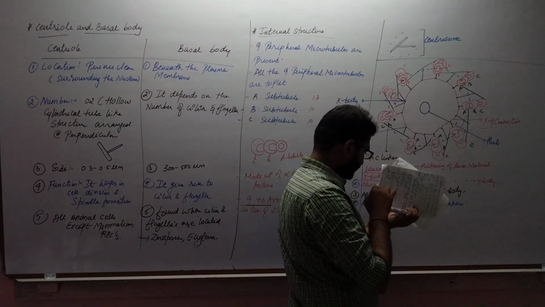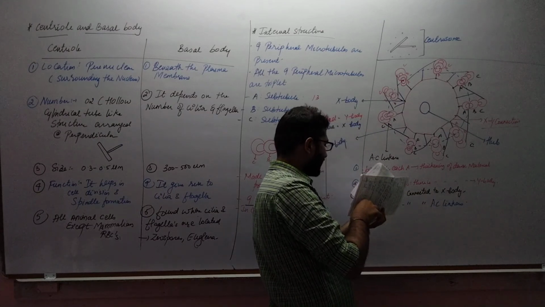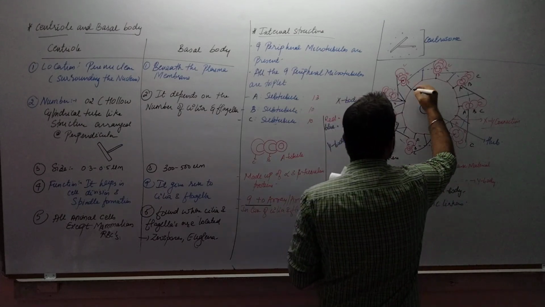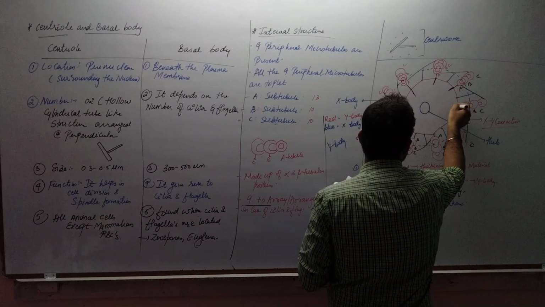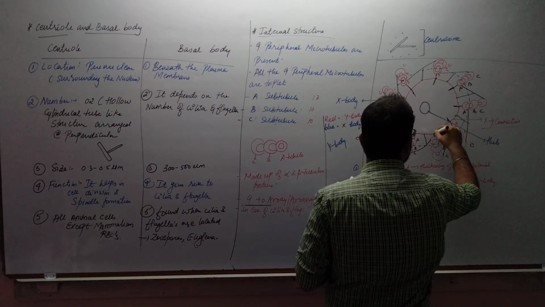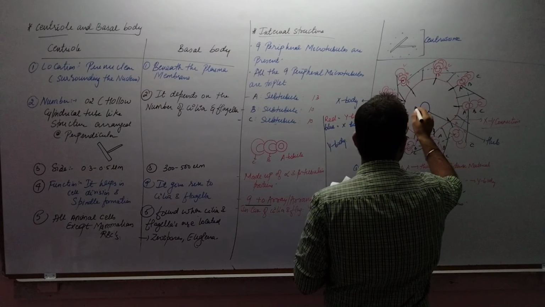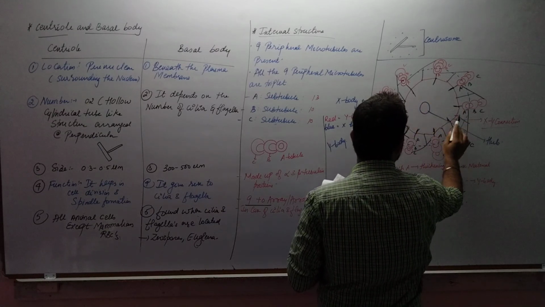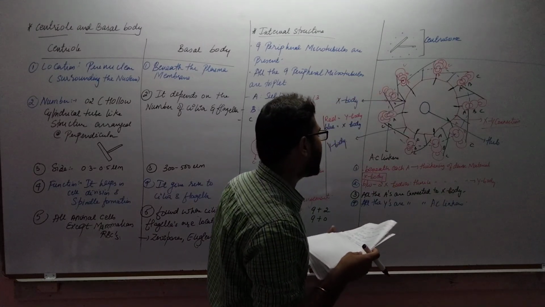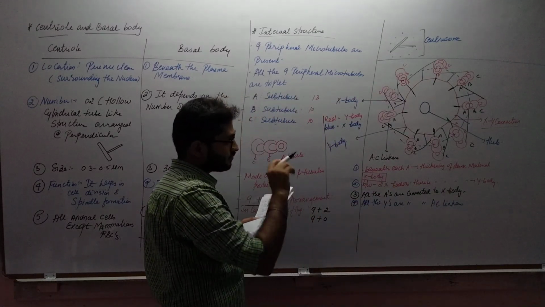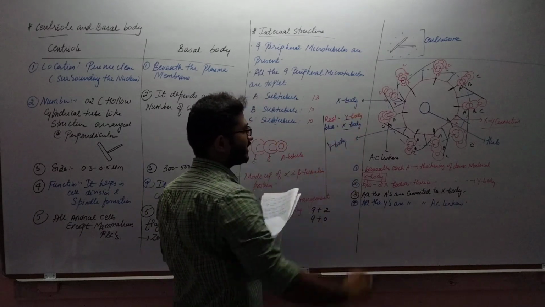So all the blue ones are X body. From the blue ones radial spokes arise like this. So total it will be 1, 2, 3, 4, 5, 6, 7, 8. Right? So all the blue ones are basically the X body, red ones are Y bodies.